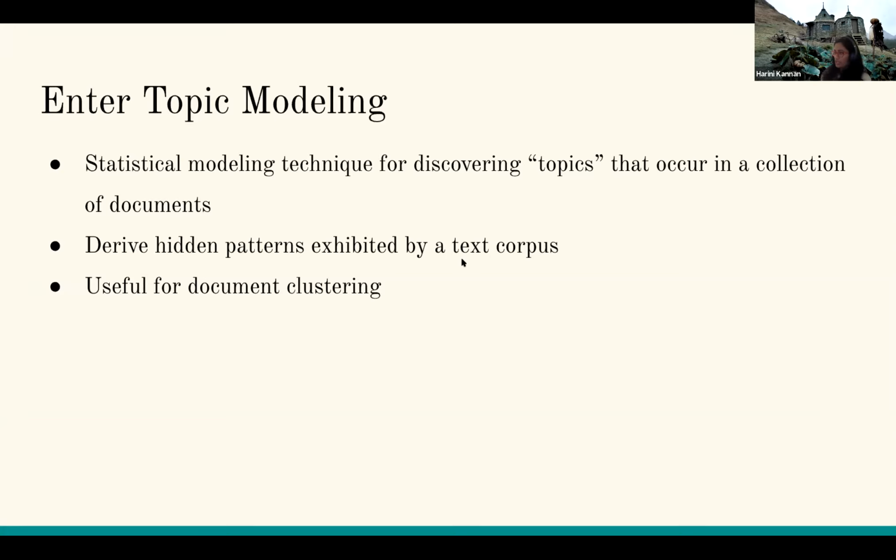So topic modeling is a statistical technique for discovering topics, right? Like clustered topics that occur in a collection of documents. It basically derives hidden patterns exhibited by a text corpus. It's basically a form of document clustering, right?